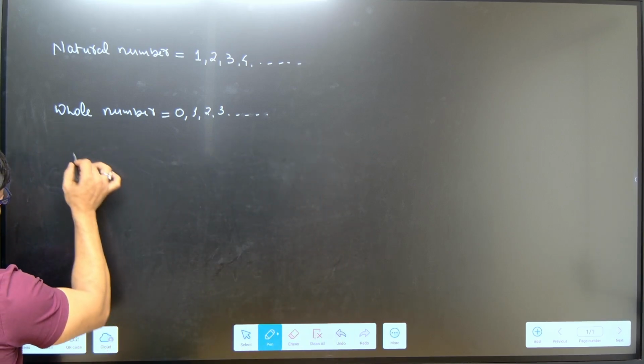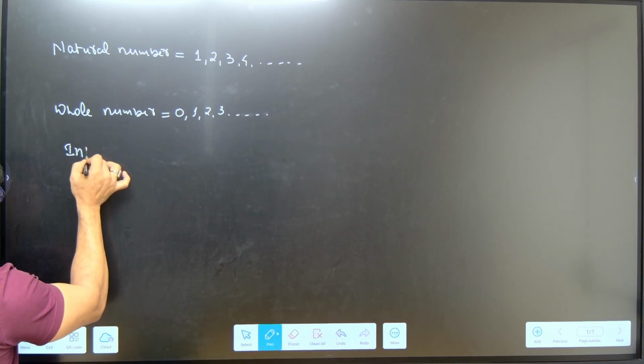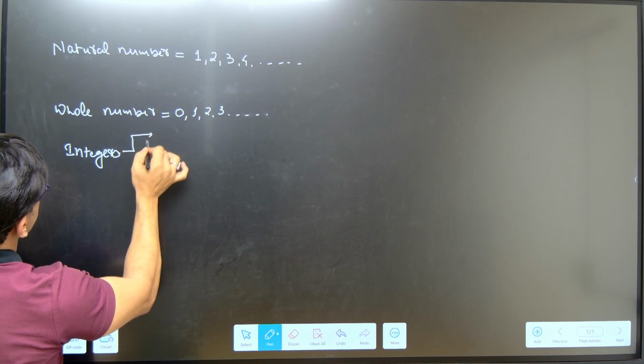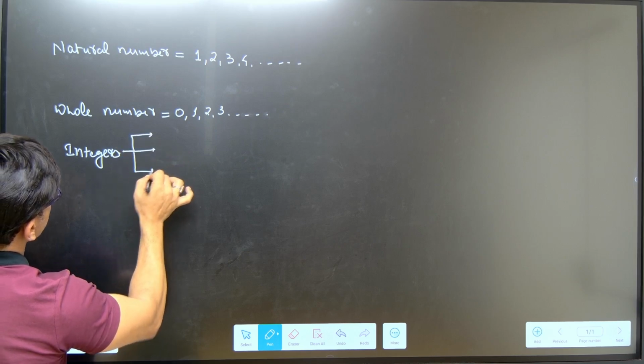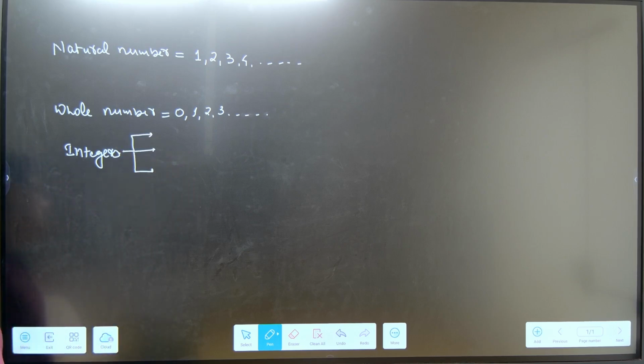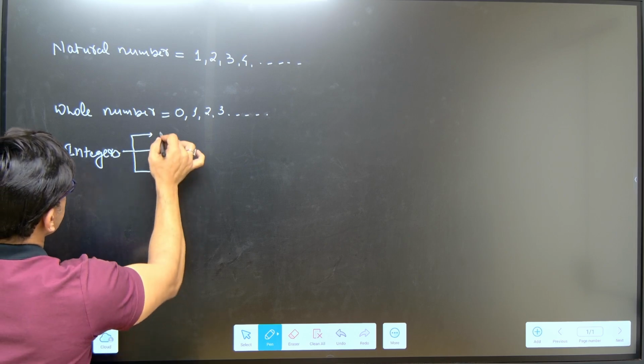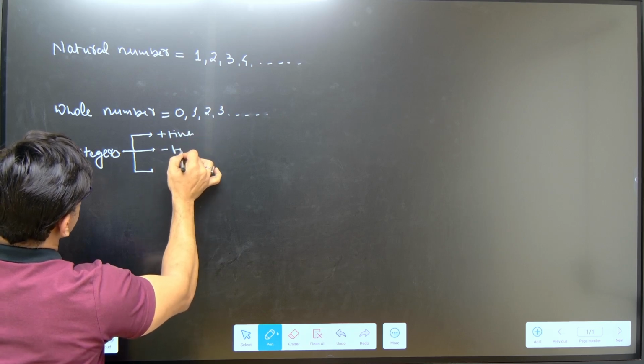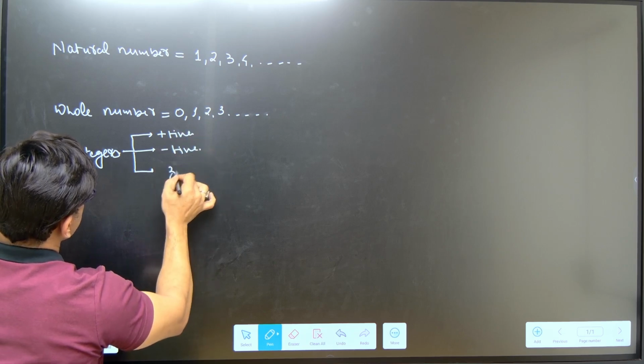Then we have integers. There are three types of integers. First is positive, second is negative, and third is 0.